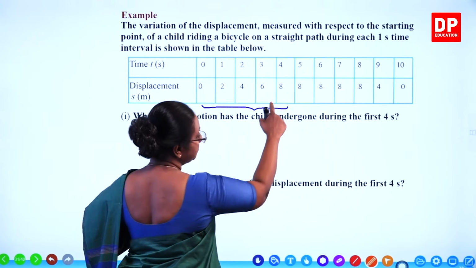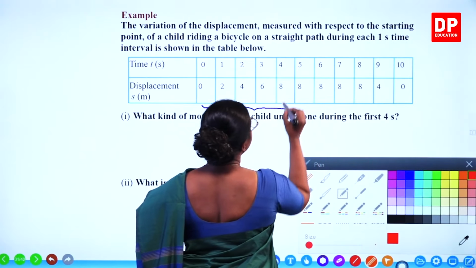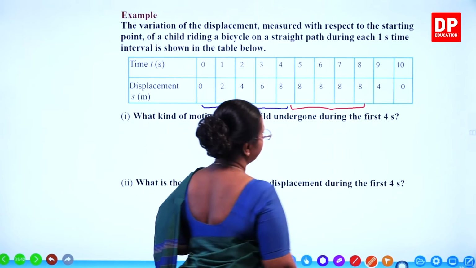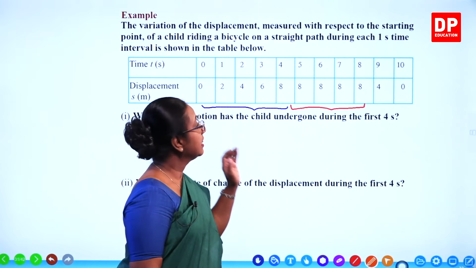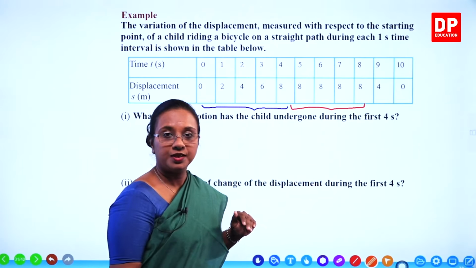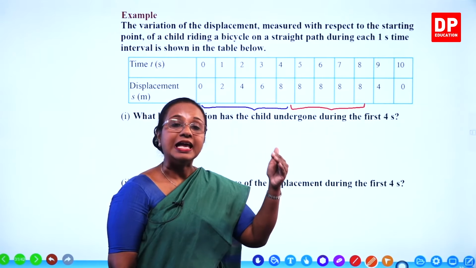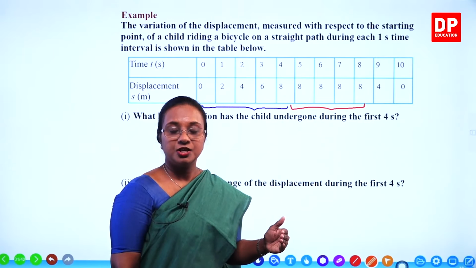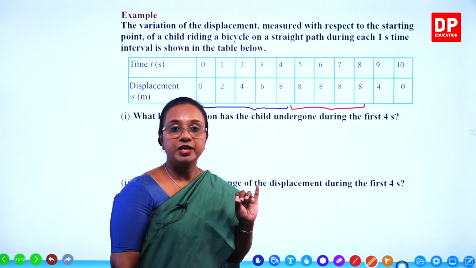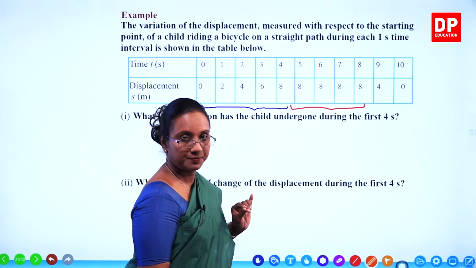But from the 4th second to the 8th second, you can see the displacement is the same value. It is at 8. The object is at the 8 meter position and it is not moving. Therefore, we call it as the object is at rest.